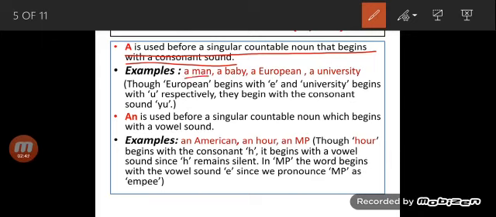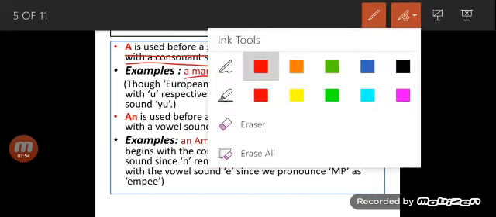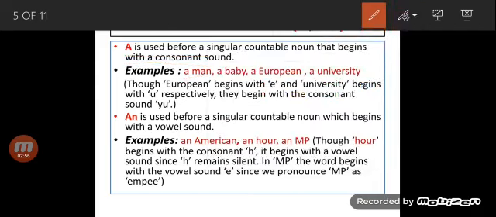Example, a man, a baby, a European, a university. If you see in this, a European, a university, the word European begins with E and university begins with U. But why have we used article a? Because they begin with the consonant sound yu.